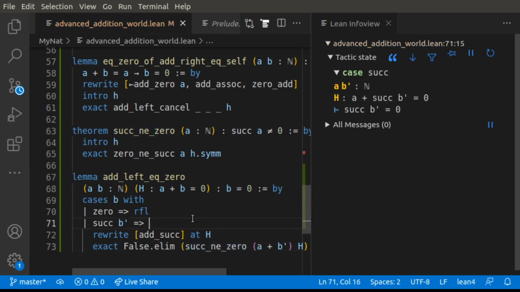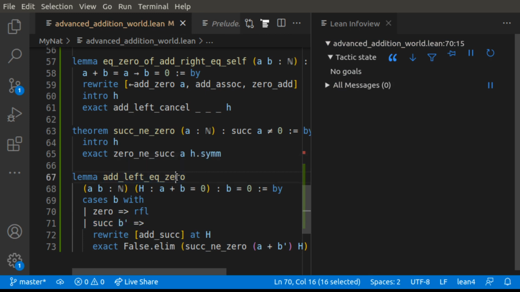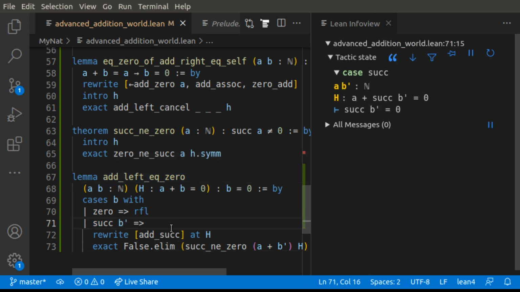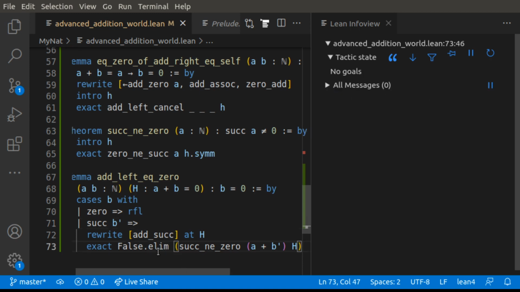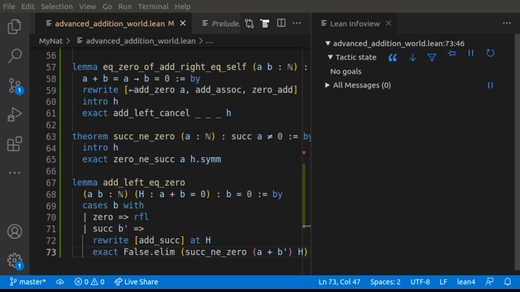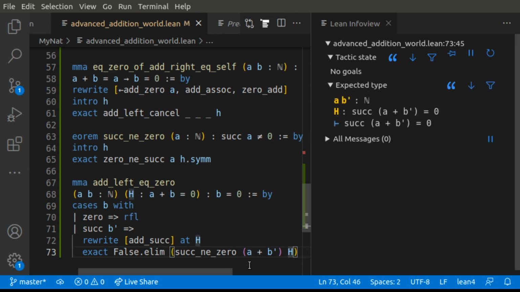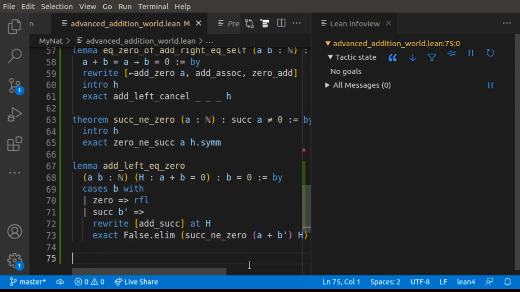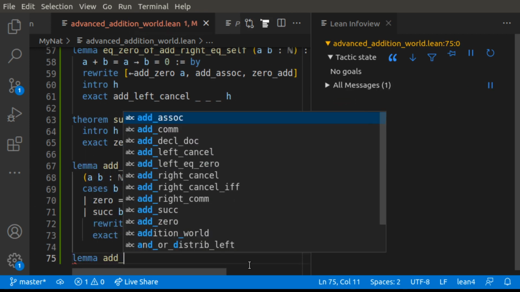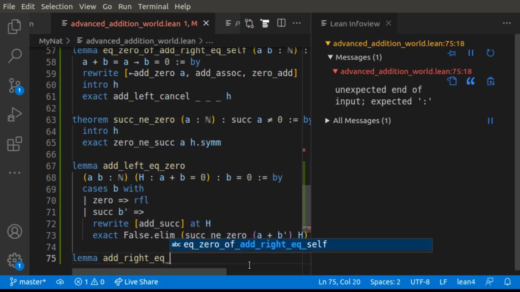Cool. Now we have add left 0 solved. So because one of our hypotheses is absurd, we can prove something with it by contradiction. It's pretty sick. Now let's move on to lemma add right equals 0.